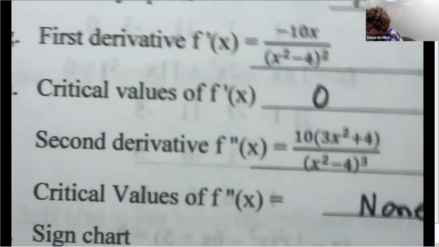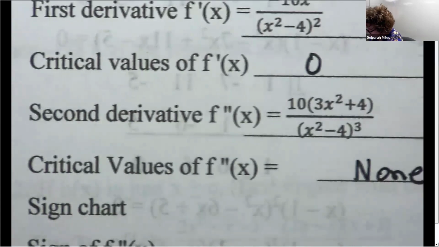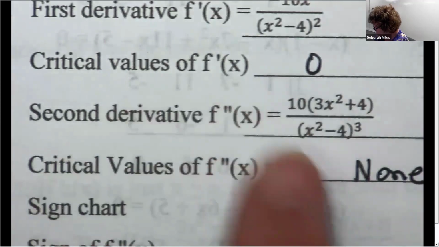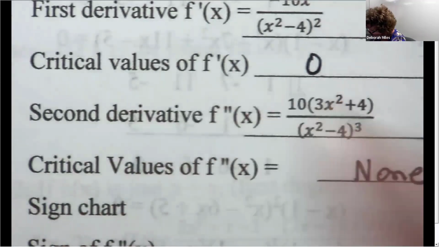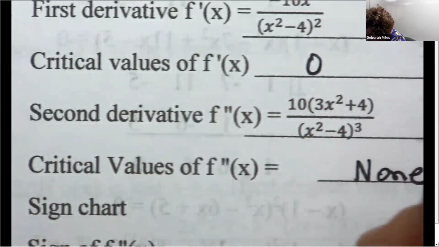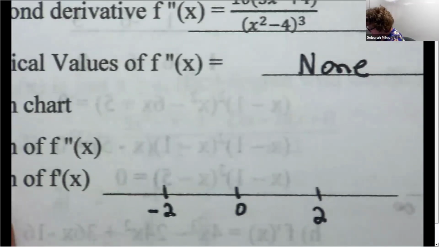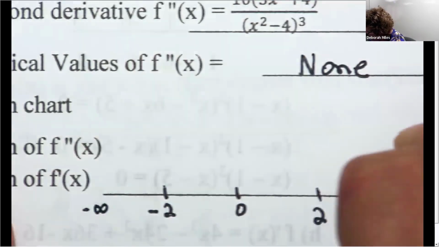So my sign chart needs to have the discontinuities, and the only critical number of either derivative is 0. So I'm going to go -2, 0, and 2. Otherwise, the function's defined from negative infinity to positive infinity.